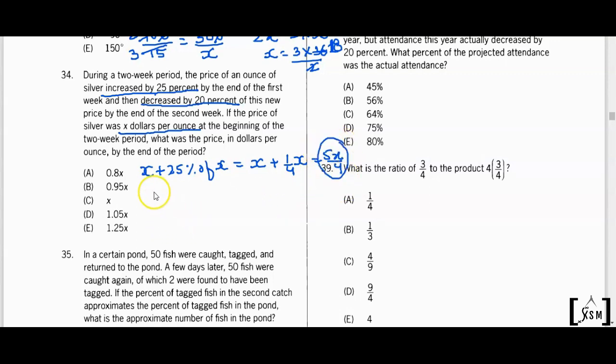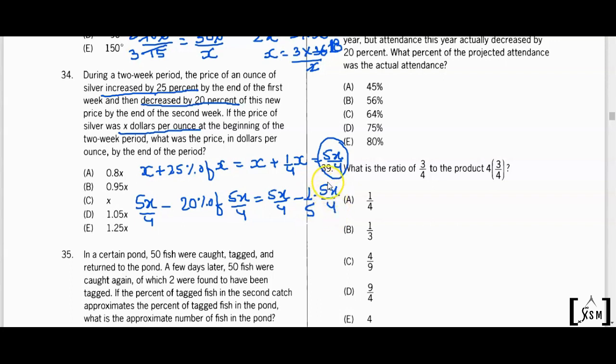Okay, and then the second time it decreases by 20%. So the value becomes 5X over 4 minus 20% of 5X over 4, right? 20% of the previous value. So we'll simplify this. 5X over 4 minus 20%, which means 1/5. You must remember these values, times 5X over 4.